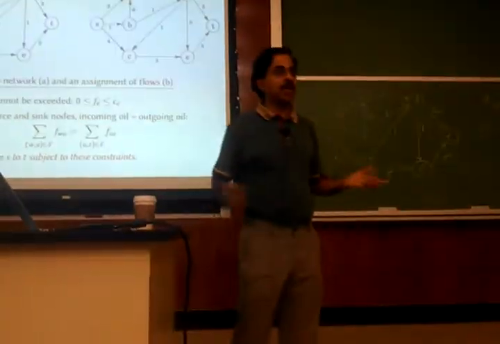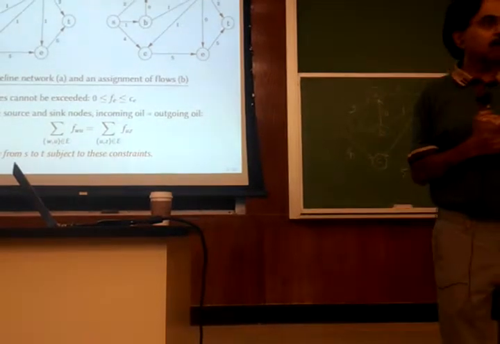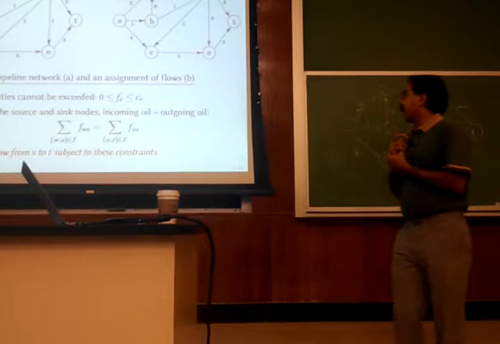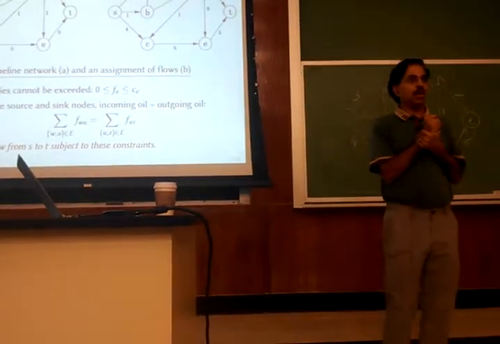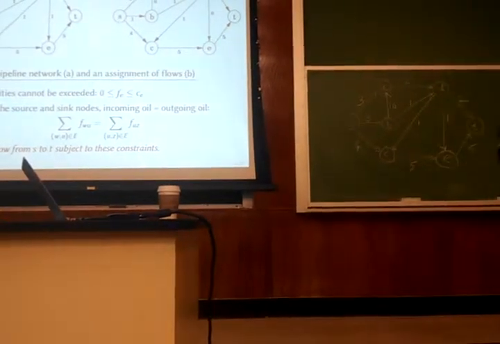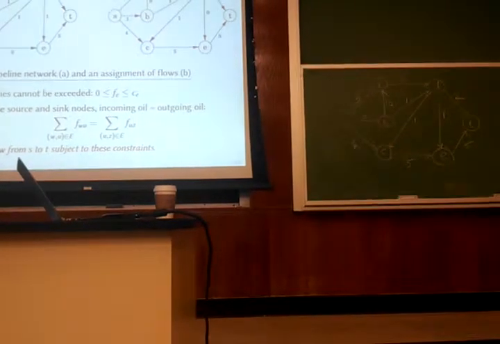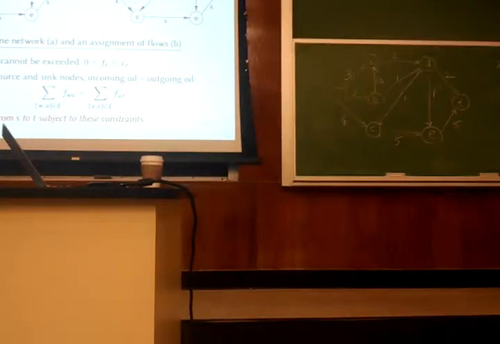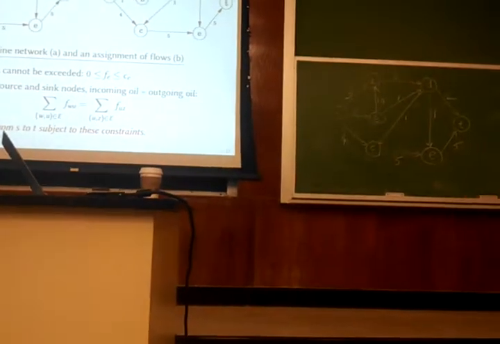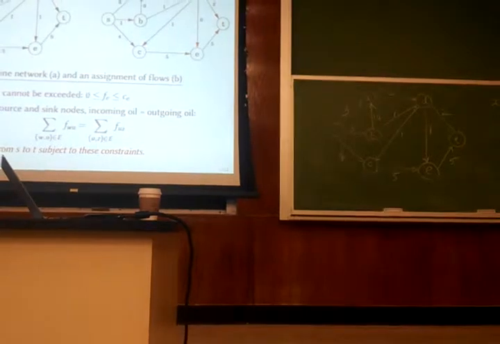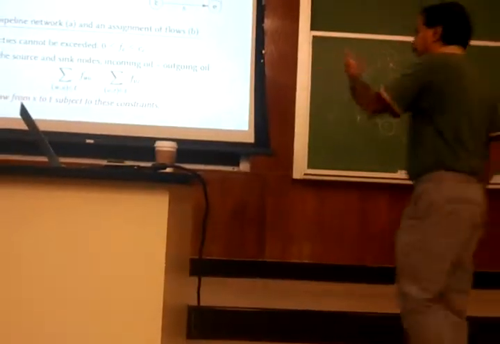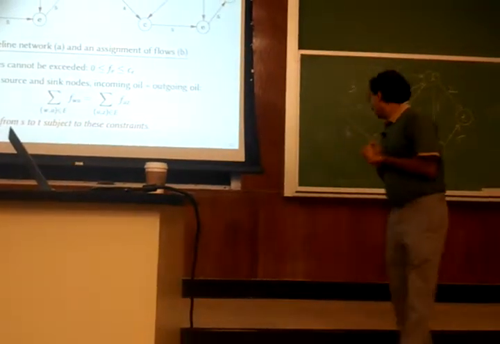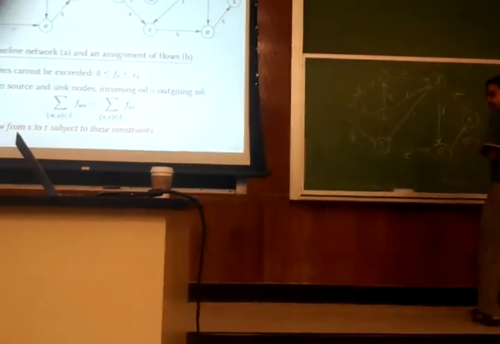Now you have a bunch of linear constraints, and an optimization function, which is that you want to maximize the amount that flows out of S or flows into T. The two are equal, because if we enforce conservation at each intermediate vertex, then conservation holds between the source and sink as well.